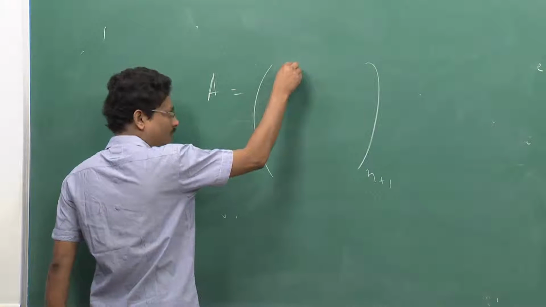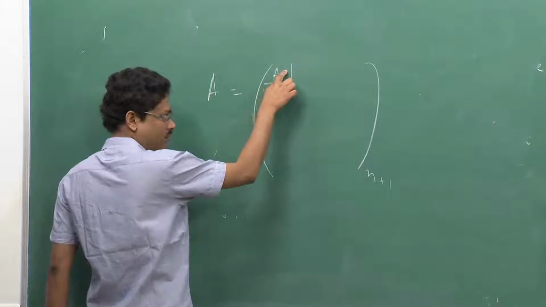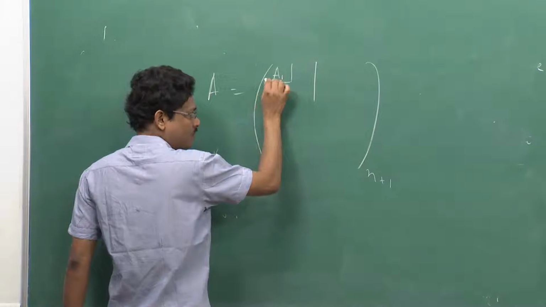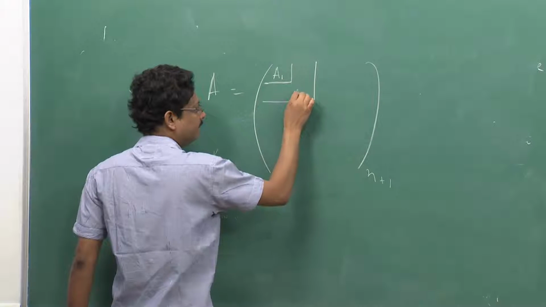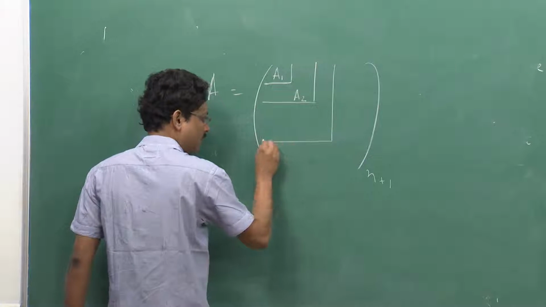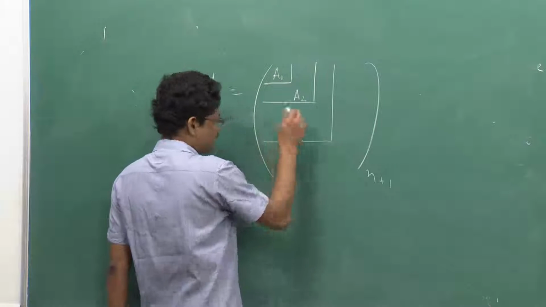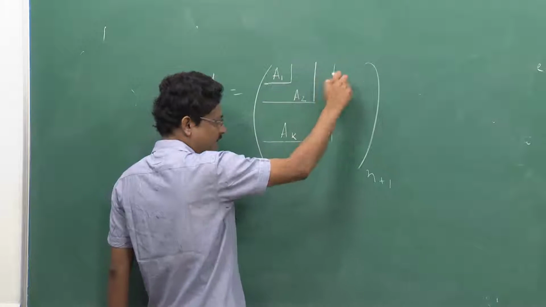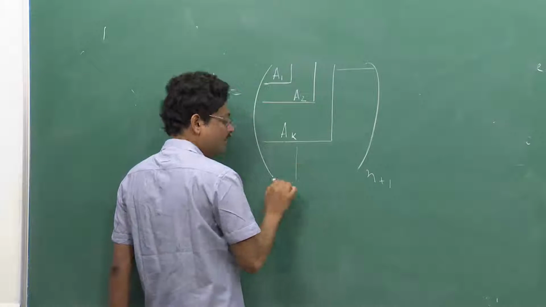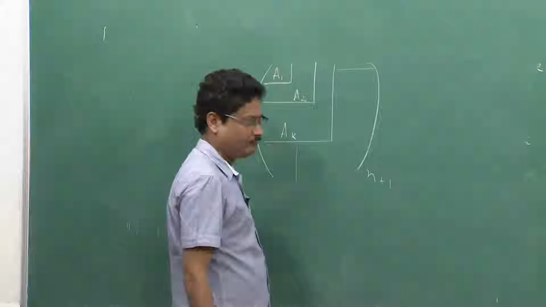You look at the first 1 by 1 matrix, this is A_1, the first entry of the first row and first column. Then in the first row you take 2 elements and in the second row 2 elements. I think you all know what a principal minor is. So A_k is the matrix A where the entries of rows and columns k plus 1 to n are deleted.